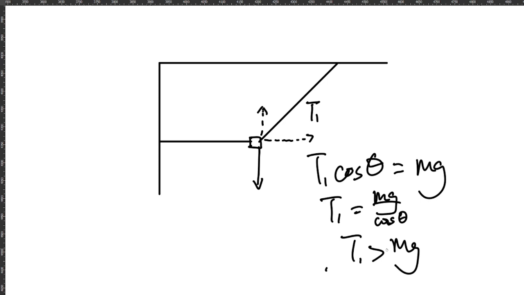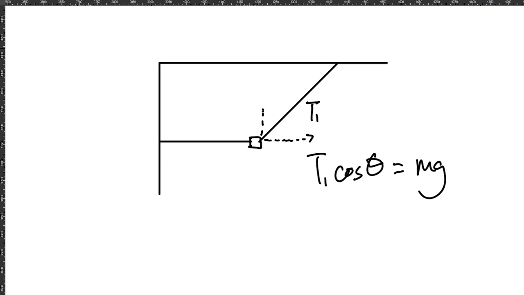Right? Wait, what am I trying to say? Am I trying to say the right thing? I'm saying the right thing. Yeah, I'm sorry. So T1 is going to be greater than mg. That's going to be an established fact, right?